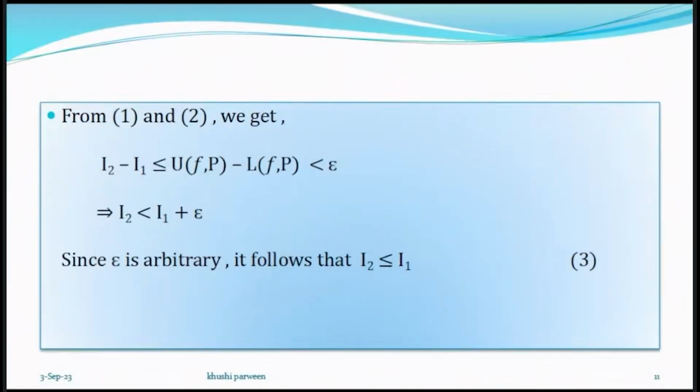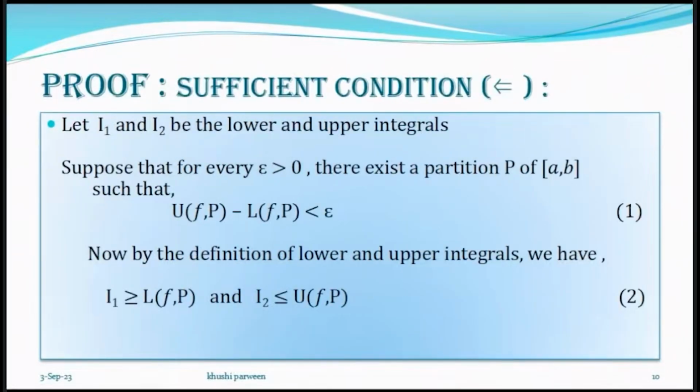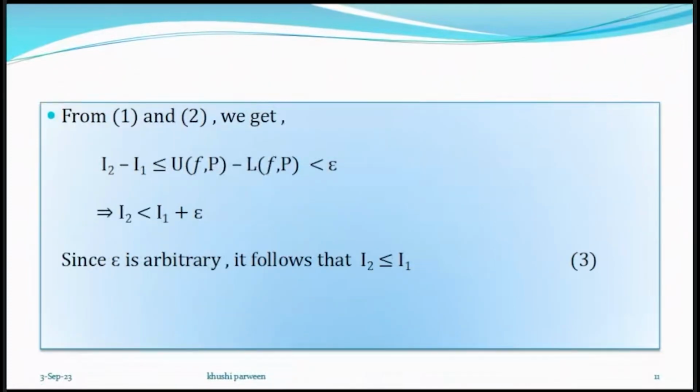Next, from equations 1 and 2, we subtract I1 from I2, and we get I2 minus I1 is less than or equal to the upper Darboux sum minus the lower Darboux sum, which is less than epsilon. This implies that I2 is less than I1 plus epsilon. Since epsilon is arbitrary, it follows that I2 is less than or equal to I1.